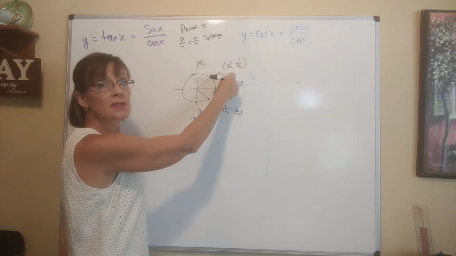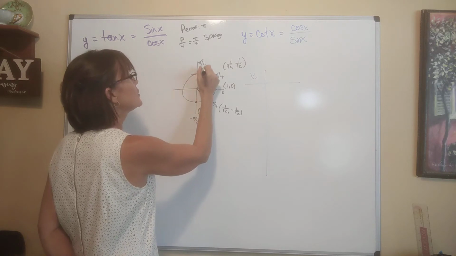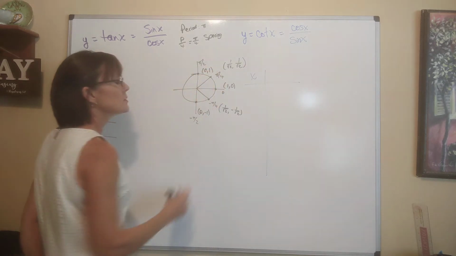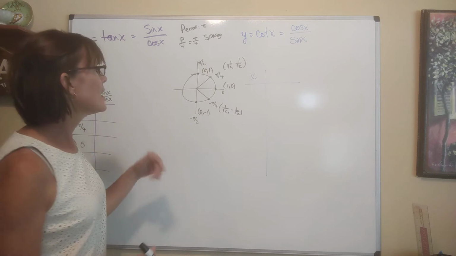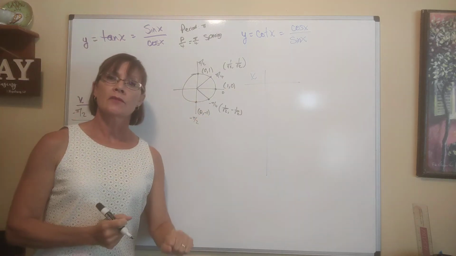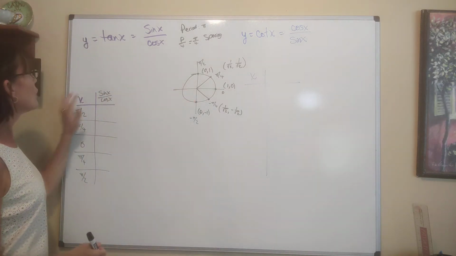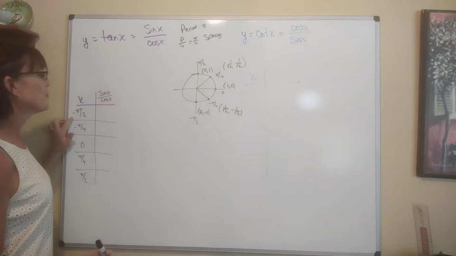Both of those are positive because quadrant 1. This point here, pi/2, has 0, 1. So the cosine of any of these angles is the x coordinate, and the sine of those angles is the y coordinate. So let's use that information to figure out what the tangent of -pi/2 is.